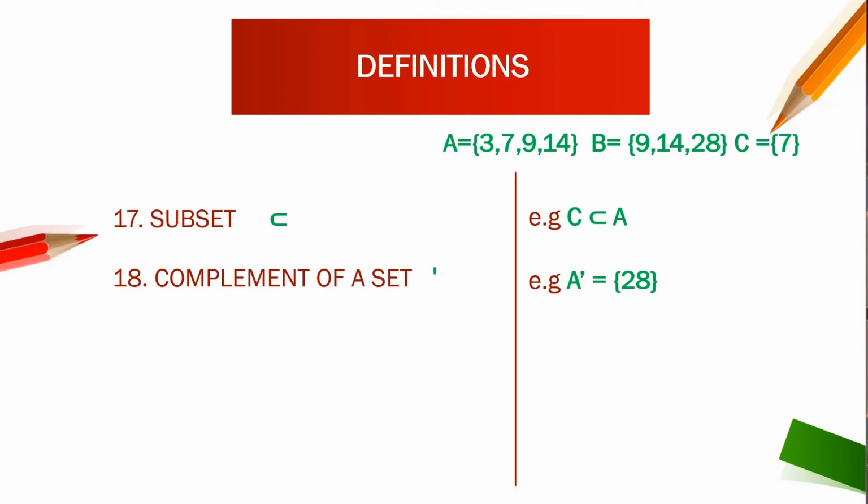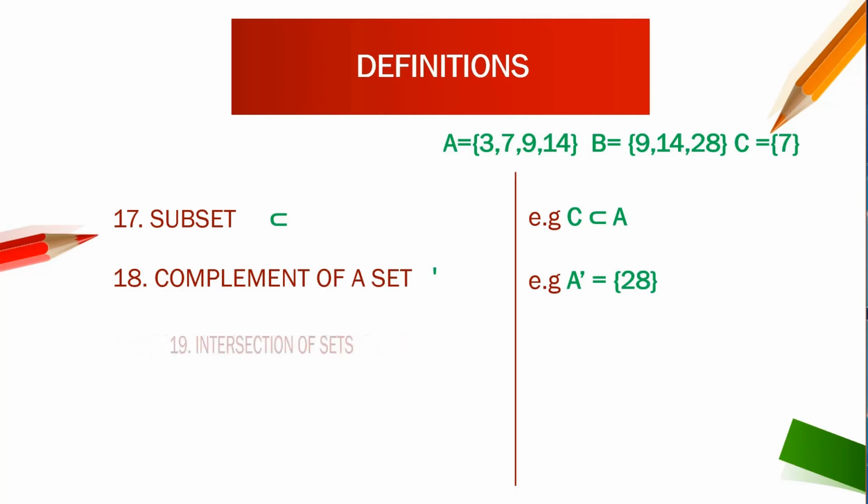If we look at set B, we see that set B has 9, 14, which are also elements of set A. If we look at set C, 7 is an element of set A. The only other element that we cannot find in set A is 28. So therefore, A complement would be 28.